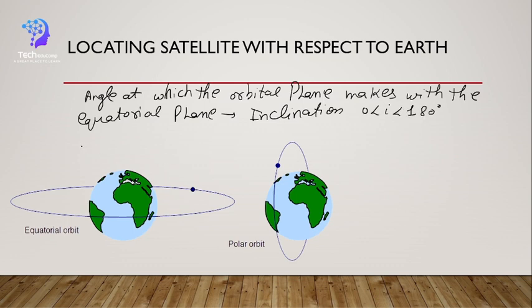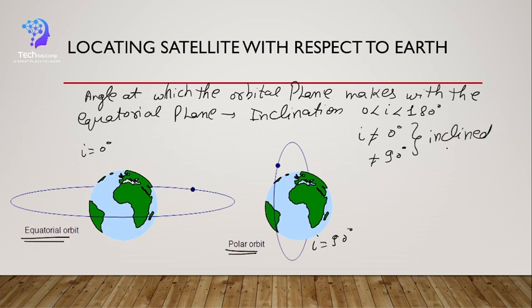If angle i is at 0 degrees, then it is known as an equatorial orbit, and if angle i is at 90 degrees, then it is known as a polar orbit. But if angle i is neither 0 degrees nor 90 degrees, then it is known as an inclined orbit.